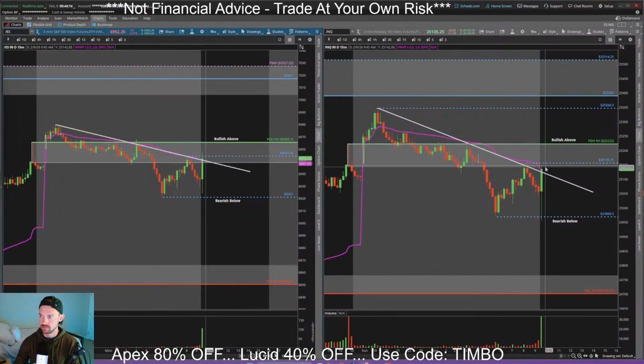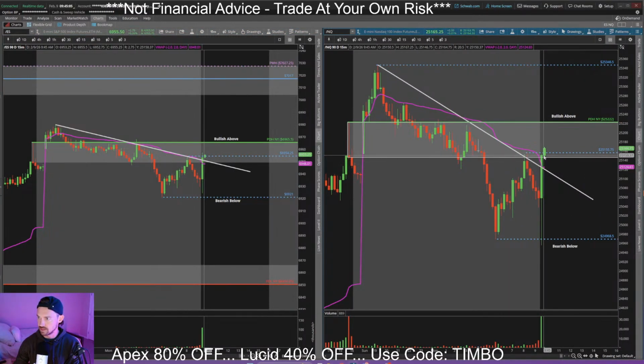If we get a strong close on it, could see a good push up if we get continuation above it over this 155 level on NQ. Pretty strong close there on NQ.